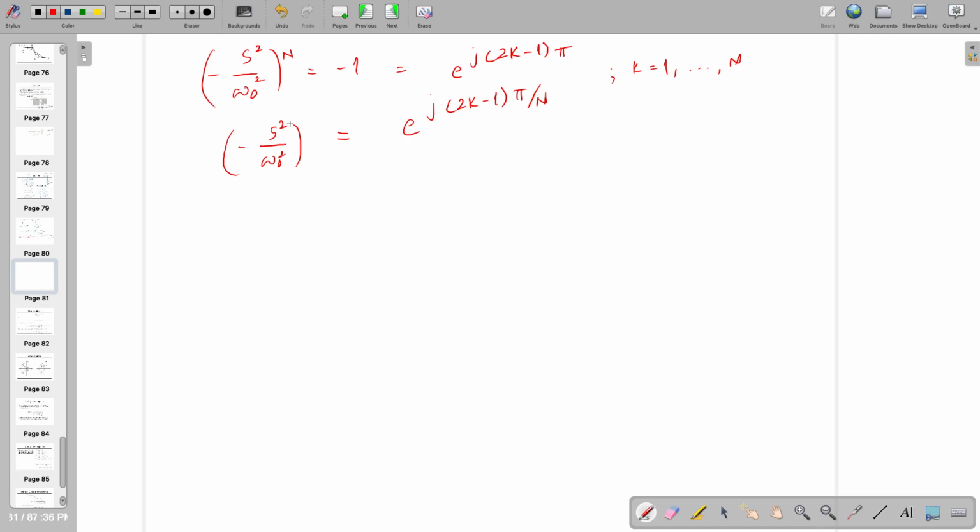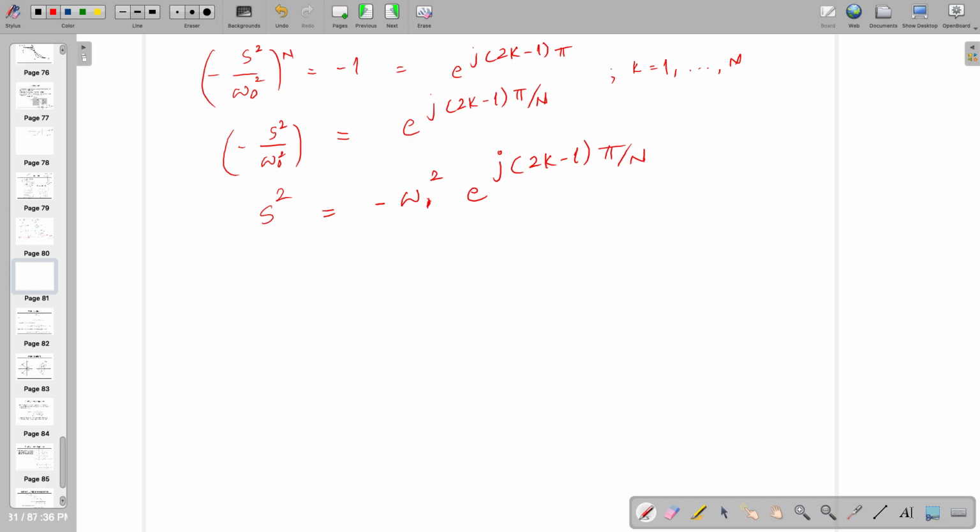Till now, is there any problem? I can do this also, that s squared is equal to minus omega 0 squared e raised to j(2k minus 1)pi by n.